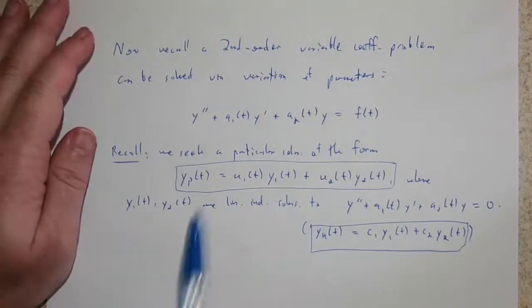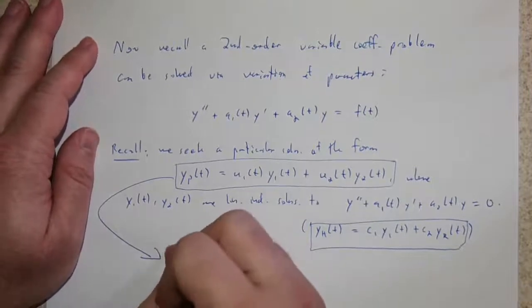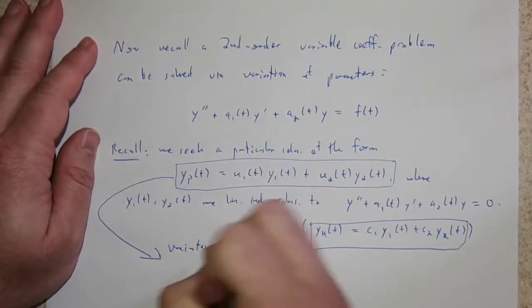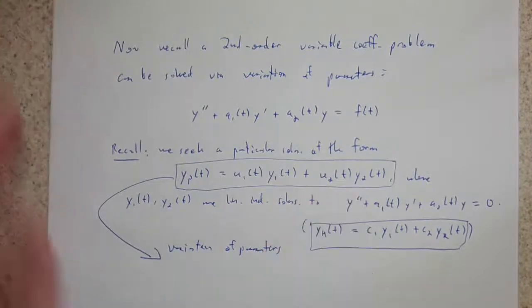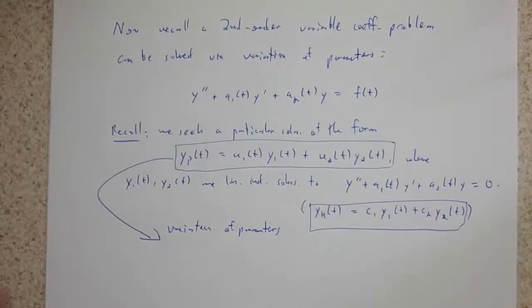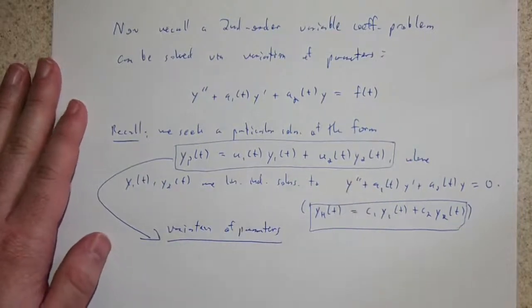But recall a way that we computed this using variation of parameters, right? So what was variation of parameters here? You can think of this as a good review. Variation of parameters told me I could compute this by computing two integrals for u1 and u2.